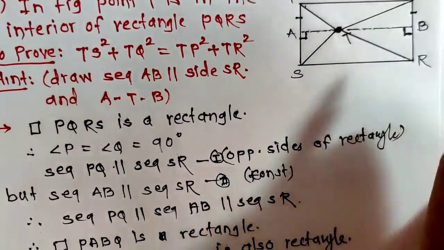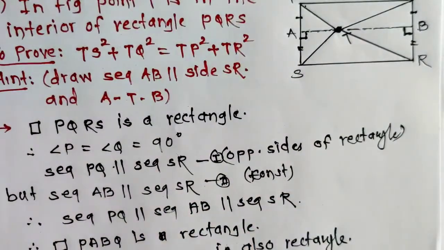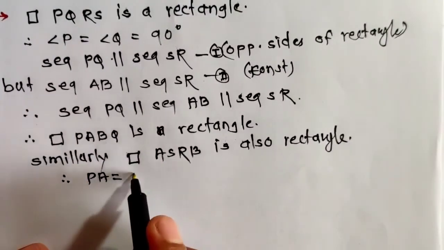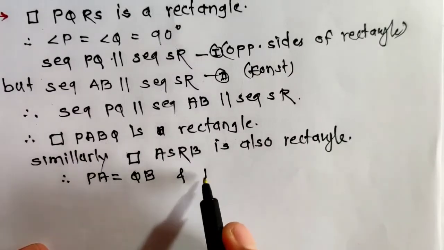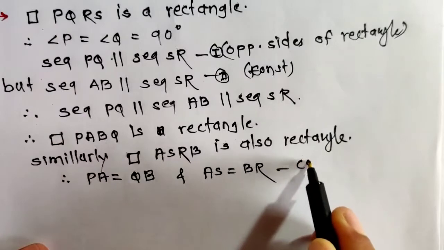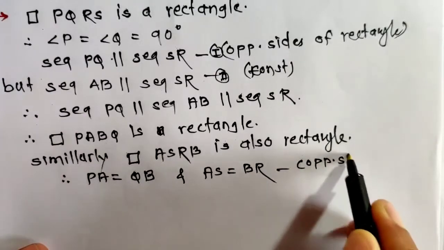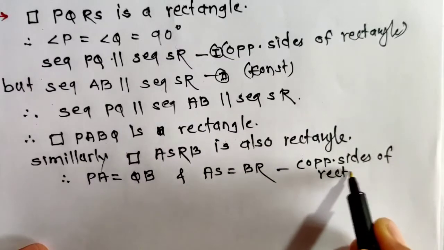PA equals QB and AS equals BR. Therefore PA equals QB or BQ, and AS equals BR. Reason: opposite sides of rectangle.